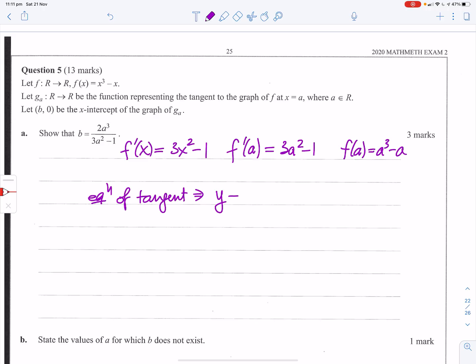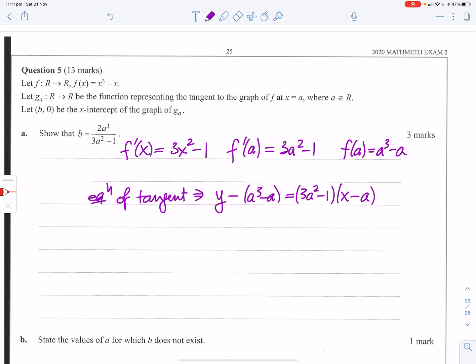y2 minus y1 is equal to m x minus, what's x?